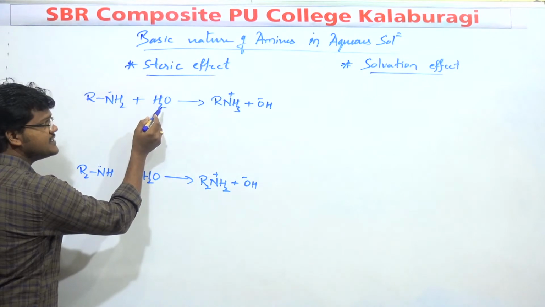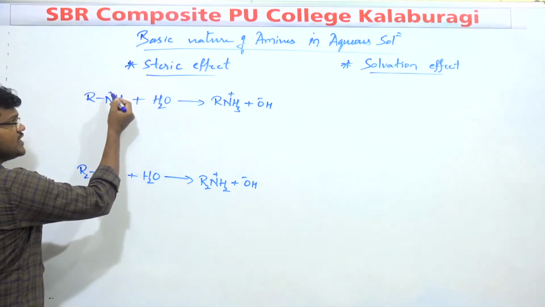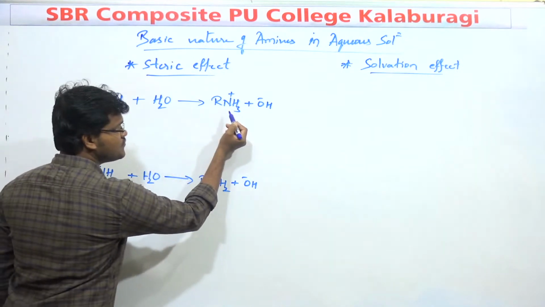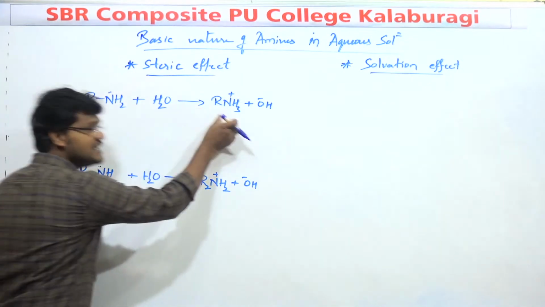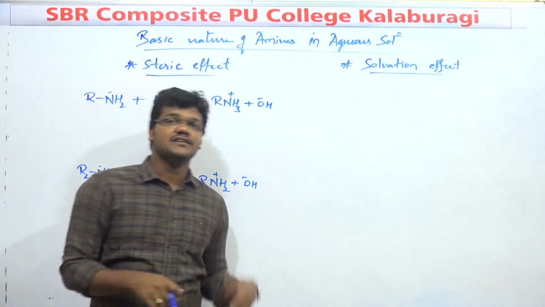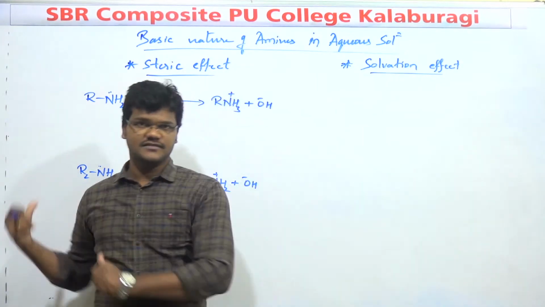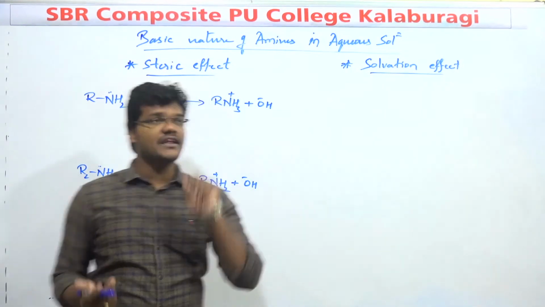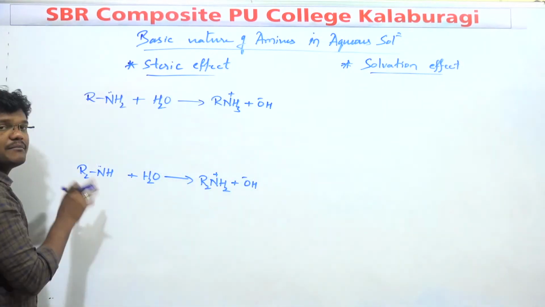Water reacts as an acid; it donates a proton. The proton is accepted by this nitrogen, so as to form this ammonium ion. As we discussed in the previous class, if a compound attains stability after donation, then it is more basic. Similarly, if these ions attain stability, then these amines are more basic.